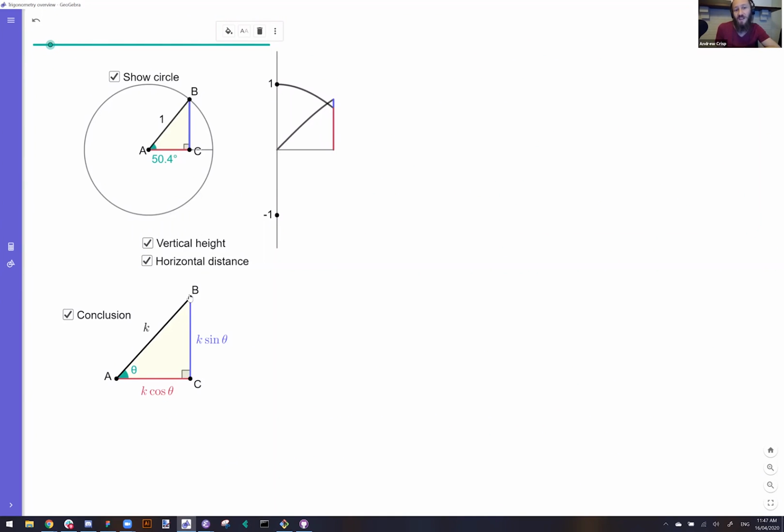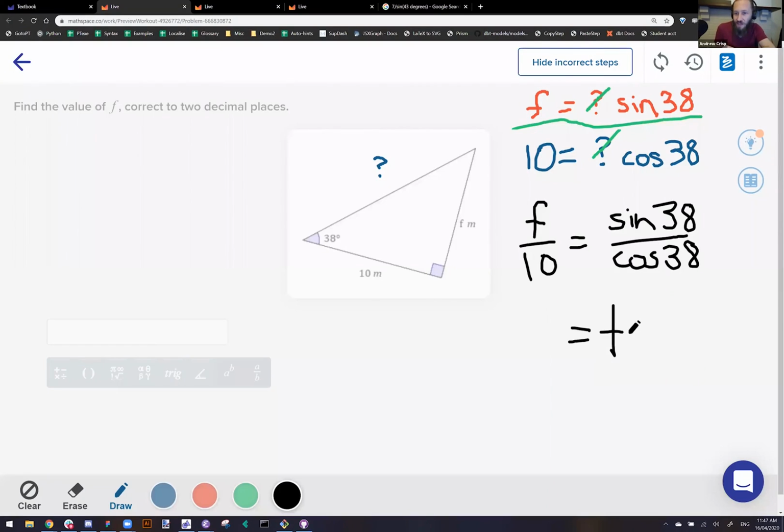The rise is k sine theta, the run is k cos theta. When you divide them by each other, k sine theta divided by k cos theta, it's just rise over run, and you get the gradient of this line here. So that's tan 38.